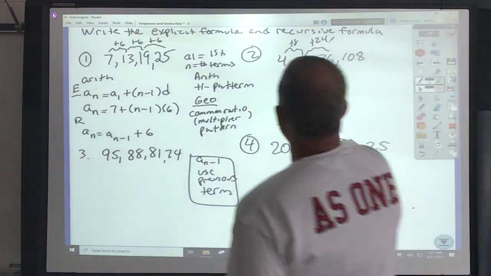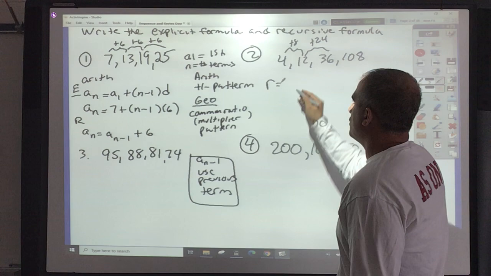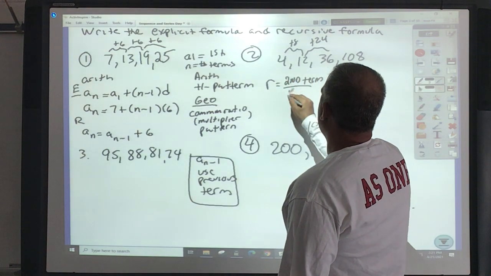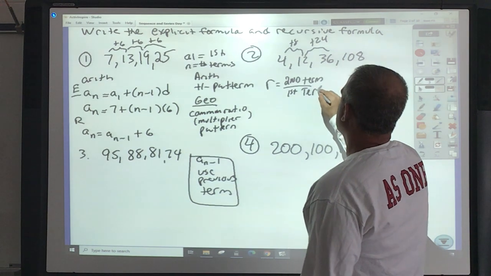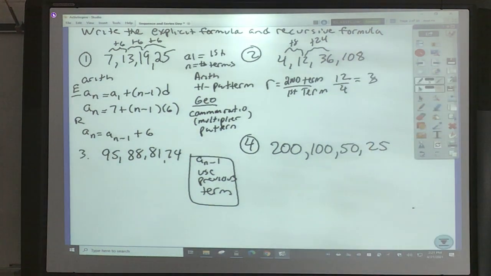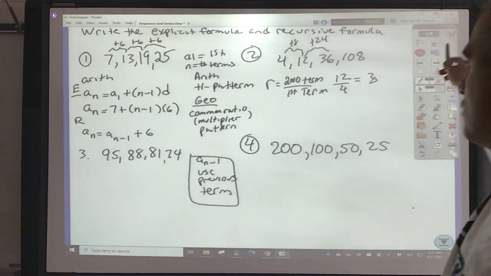Now, for the geometric one, the big thing is the r, which is our common ratio. That is your second term divided by your first term. For my problem here, 12 divided by 4 is 3. So basically it's a multiplier of 3. 4 times 3 is 12, 12 times 3 is 36, and so on.